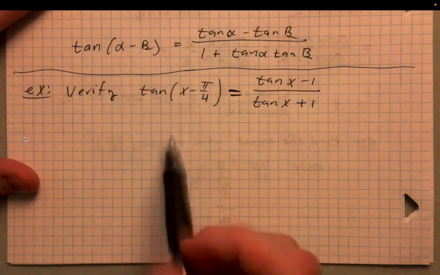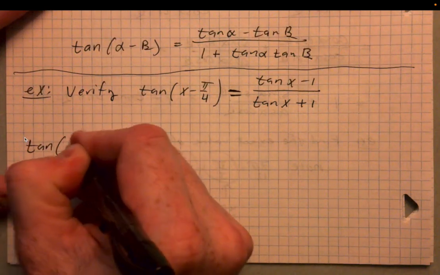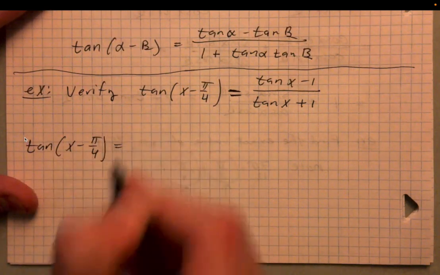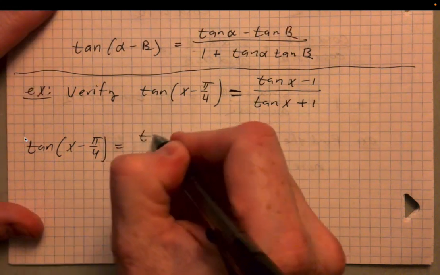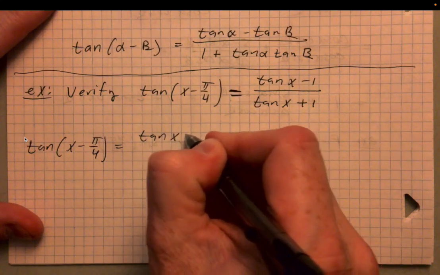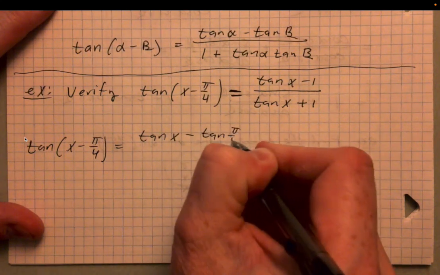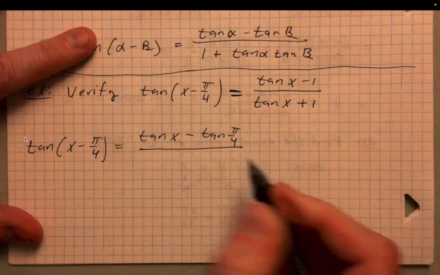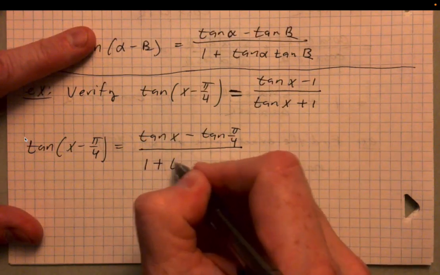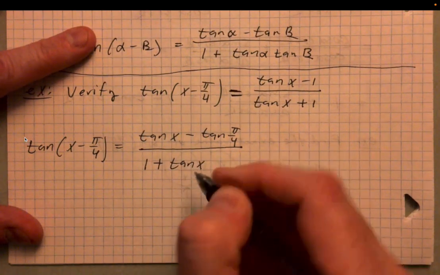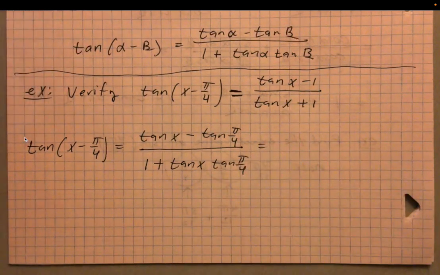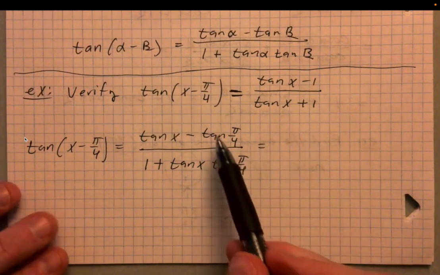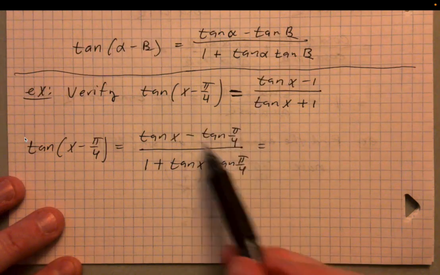So we'll just start with this side. Tangent of x minus pi over 4. And we're just going to basically plug in the difference formula for tangent. And we get tangent of x minus tangent of pi over 4 divided by 1 plus tangent of x times tangent of pi over 4. Now, the thing to notice here is that tangent of pi over 4 is a number.